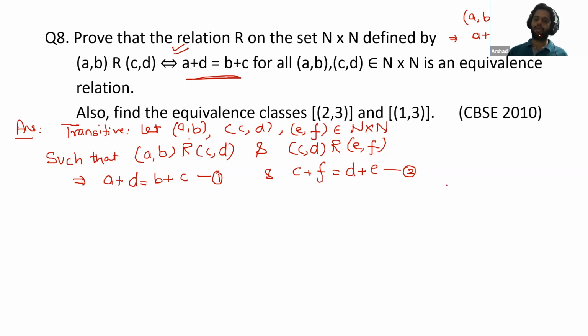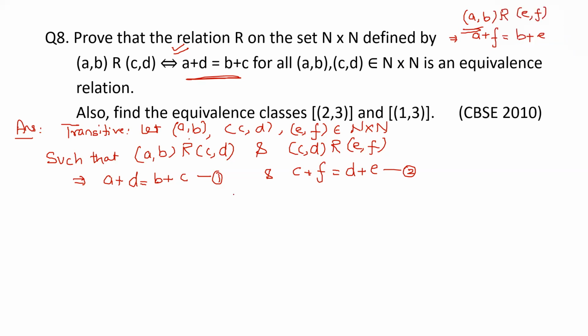Can anyone tell me how, from the first and second equations, we will get this result: a plus f is equal to b plus e? So from 1 and 2, how can we get this result?